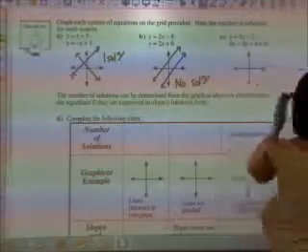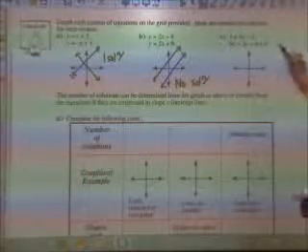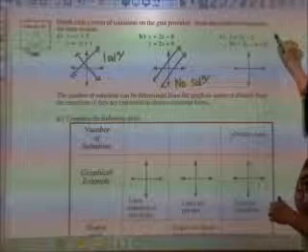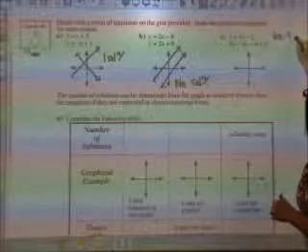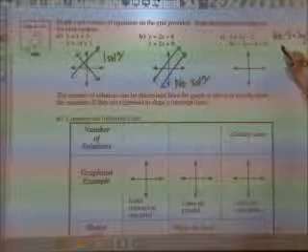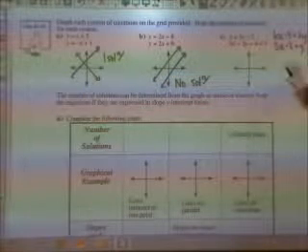And then the last one, in order to complete this one, I have to rearrange this equation. So we throw the 2y over to the other side because then it would be positive. Divide everything by 2, and I get 3x minus 2, which is the same as the first equation.